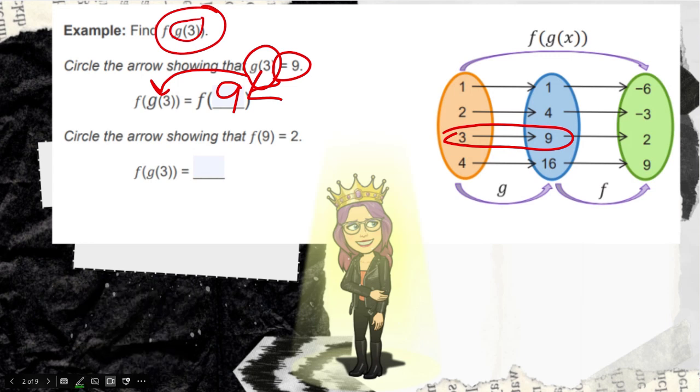Now it wants us to draw an arrow from 9 to 2 right here. So 2 will go right here. So when g(3) equals 9, it will equal 2 for the function inside the function. So f of g(3) is 2.